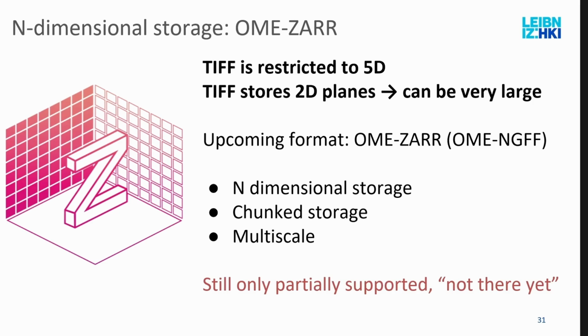And the great thing that they will have there is not only more dimensions, but also it's designed for remote storage, so you can put it on a server and then access only the specific information that you want. Or you can also have a multi-scale image where you don't need the full field of view, the full scale of the image in its full large size, but maybe just an overview, and the format basically natively supports that access.